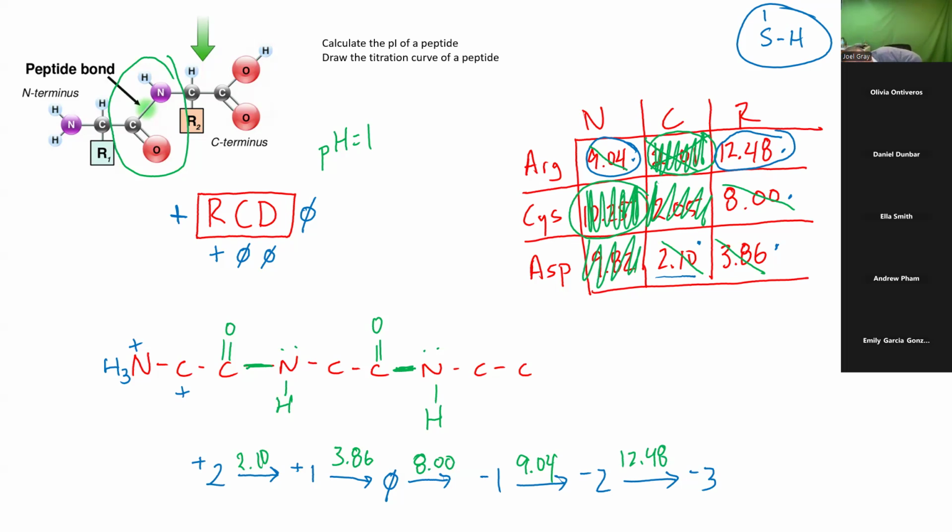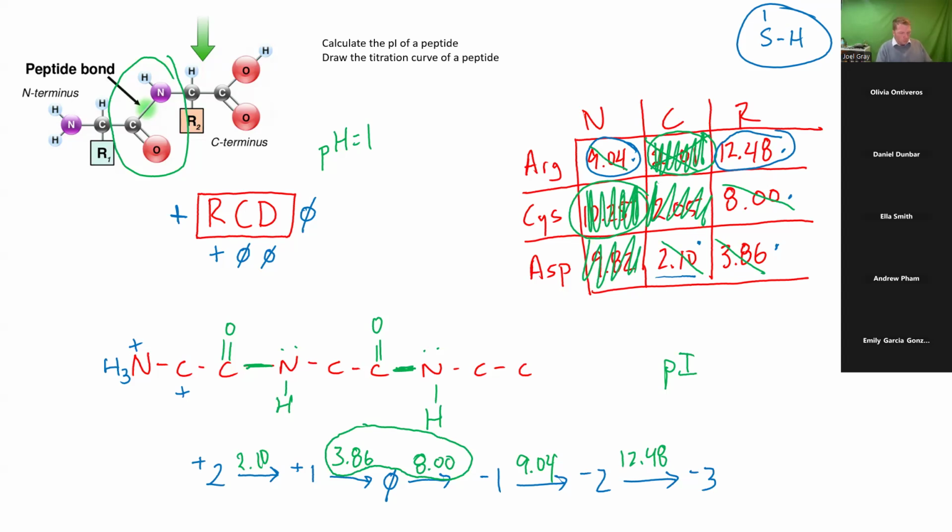Those are the values that I'm interested in when it comes to my charges. Now, based on this, in order to calculate the pI of my molecule, I'm going to take the two pKa values that are on each side of my molecule with a zero charge.